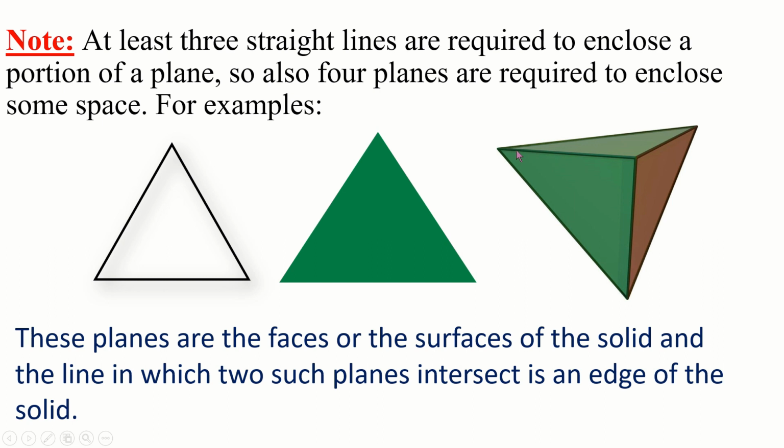So this is an edge. Similarly, this plane and this plane intersect in this line. This is an edge. Similarly, this plane and this plane intersect in this line. This is an edge. Clear?